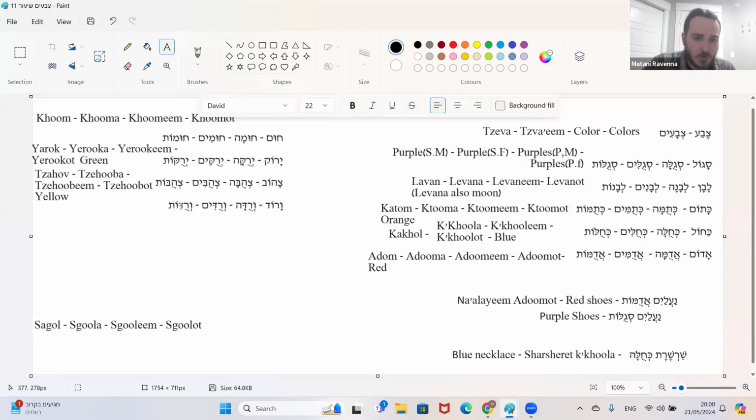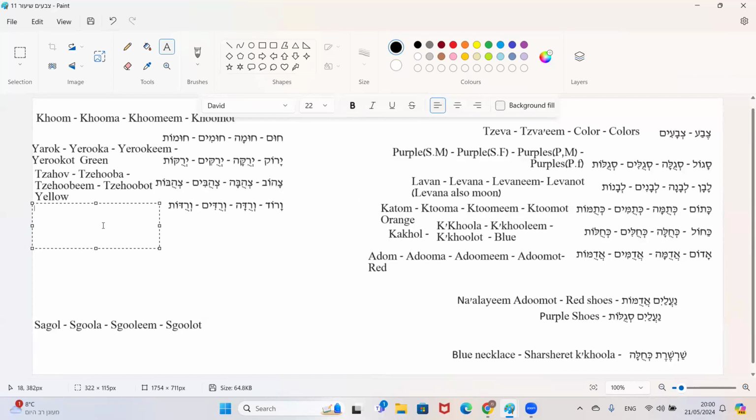Does anyone want to try reading from the right to left? And we already know what means pink. Varod. Well done, ma'am. Varuda. Well done. Varudim.